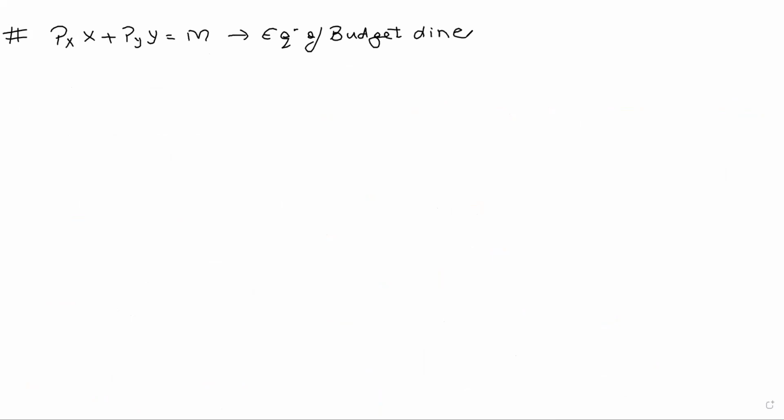Okay, and we now look at what happens when price of one of the goods changes. Suppose, so I can now put a broad heading first, price changes. The case one was income change, now we are doing price changes, and within price changes we are doing the first case.